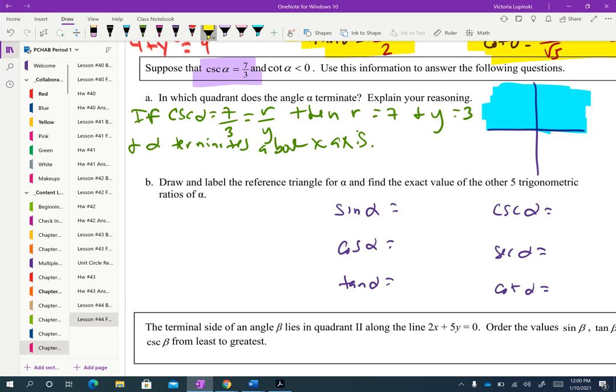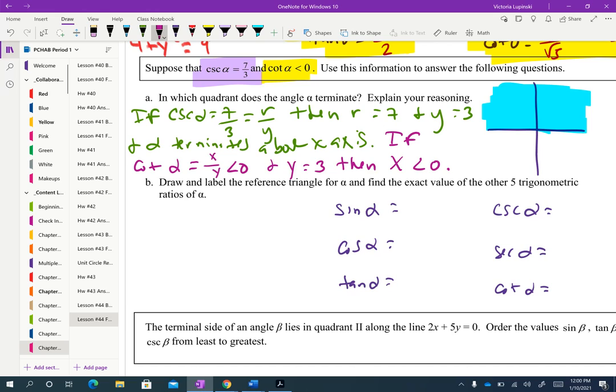Then we're going to go ahead and use our second piece of information, which is the fact that the cotangent is less than 0. So if the cotangent of alpha, and remember the cotangent is equal to x over y, is less than 0, and y is equal to positive 3, the only way that that can happen is if x is negative.